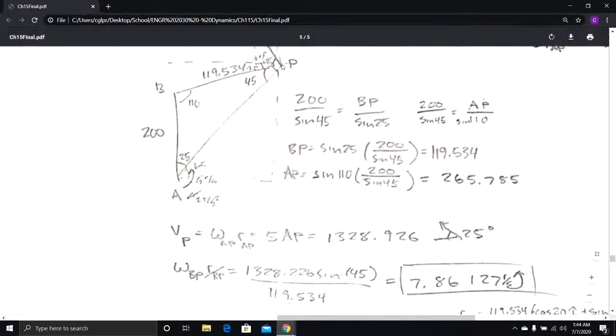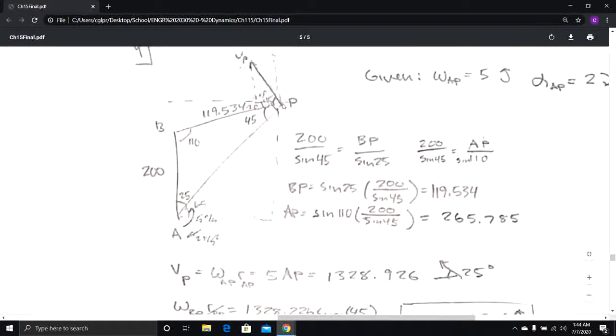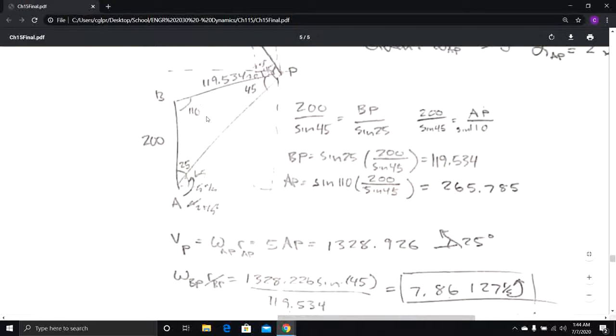I know that all of this tangential velocity is going to be converted into velocity of BP, which gives me this omega r.